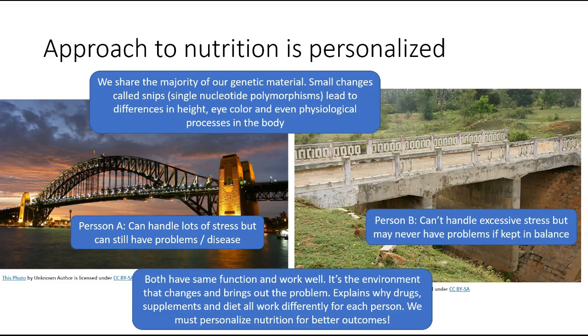But this individualism occurs through our ability to digest nutrients. So for example, our ability to digest fats is going to be different from one person to the other. So we have to take this into account as we develop the perfect ketogenic diet program for you.